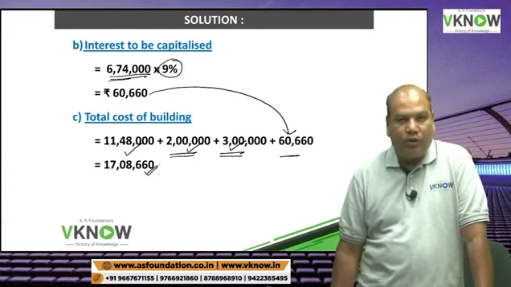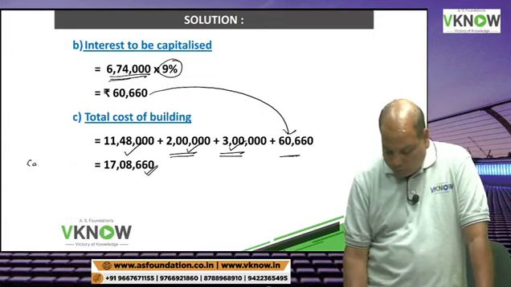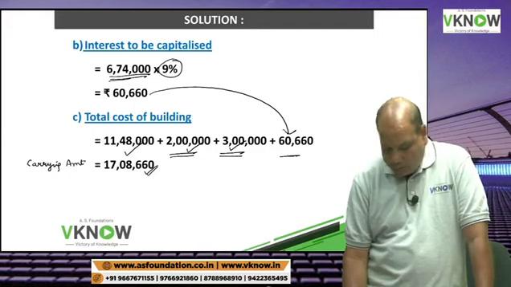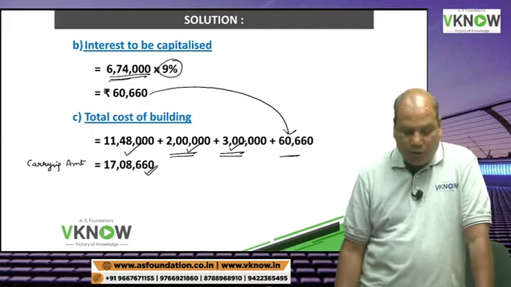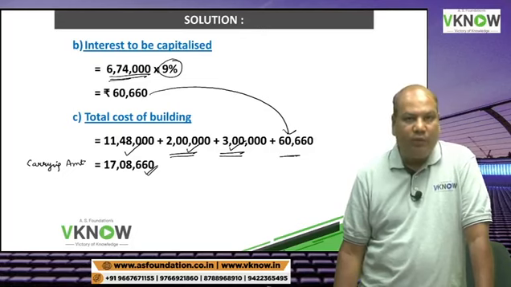Oh my God, there is a problem now. This is the carrying amount, but it is more than recoverable amount. Since it is more than recoverable amount, we will have to write it down to its recoverable amount.